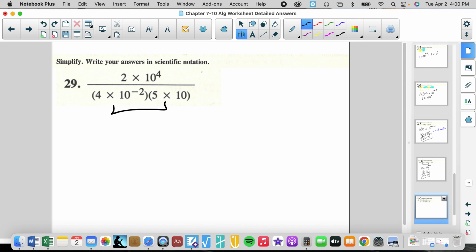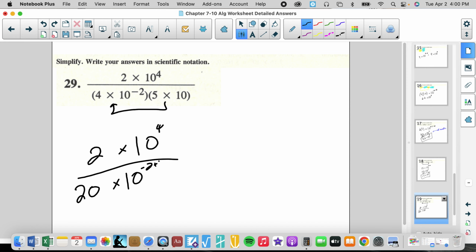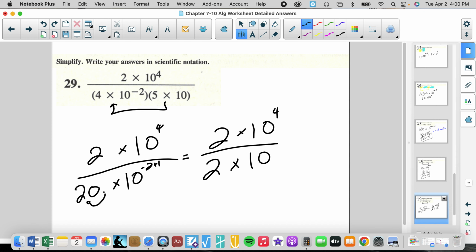So let's do this. Let's multiply these two first and get a value. So we have 2 times 10 to the 4th over, we got 20 times 10 to the -2 plus 1, which gives us 2 times 10 to the 4th over 2 times 10 to the, I moved the decimal over, so that's bigness.